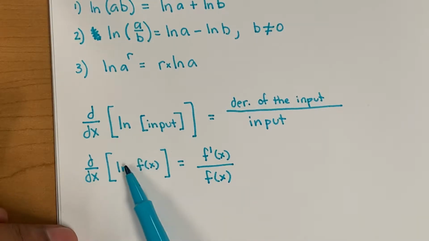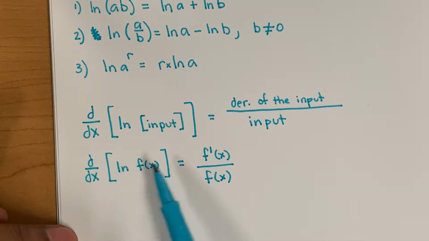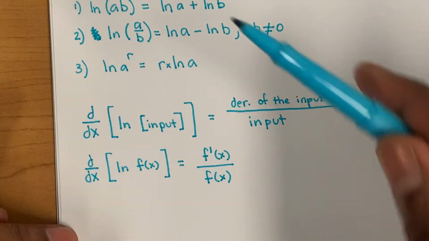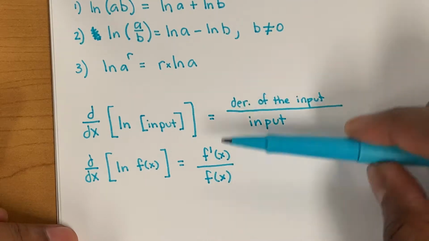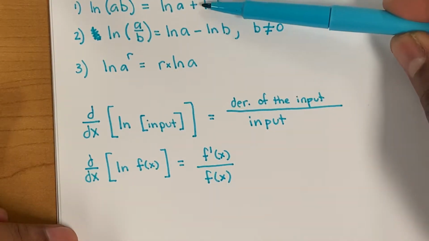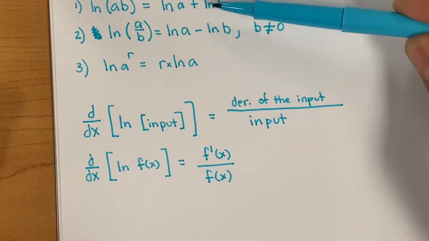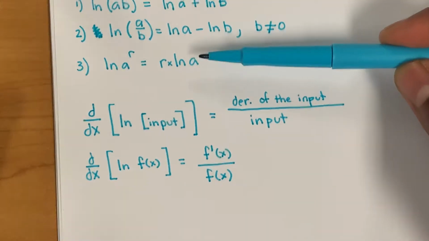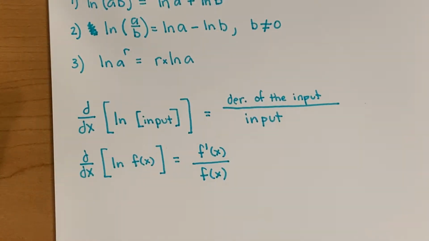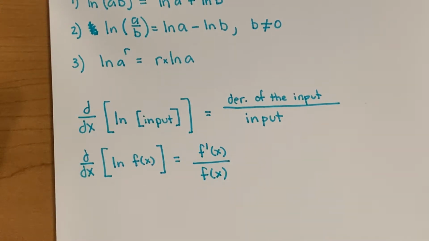Notice the ln is not included because it's not a part of the derivative unless the input itself was a logarithm. So this is a pretty easy process to go through, as long as we first apply one of these three properties, if we can. It makes doing derivatives so simple.